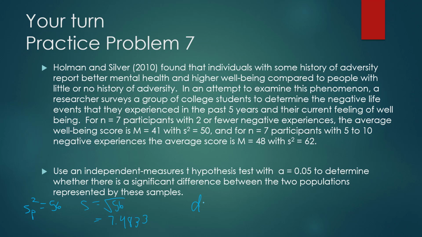To compute Cohen's d, we take the first mean, subtract the second mean, and divide that by our S, the square root of our pooled variance, and that's going to give us 0.935. Yes, technically it's a negative number. However, when we're talking about effect size, we're really only going to be using positive numbers.